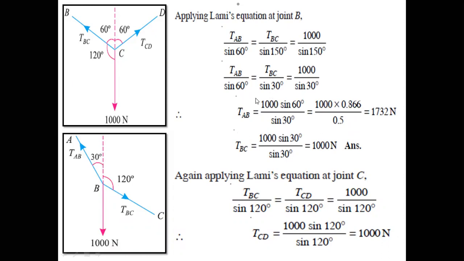So we'll get TAB and TBC. We already obtained the value of TBC, so we can substitute it here. TBC by sine of 120 degrees is equal to TCD by sine of 120, which is equal to 1000 by sine of 120. So we can easily calculate the TCD value.